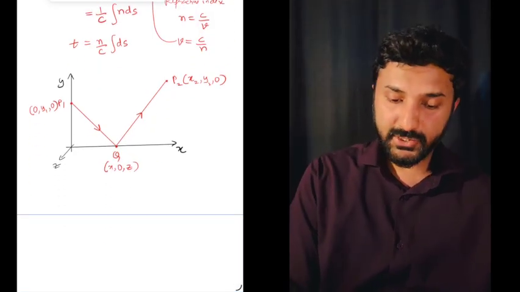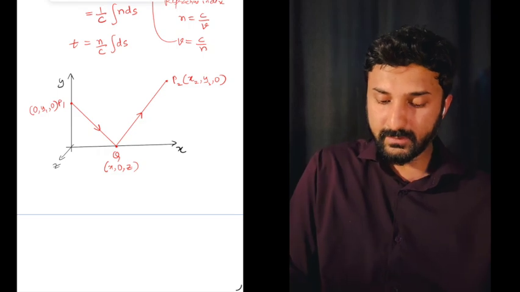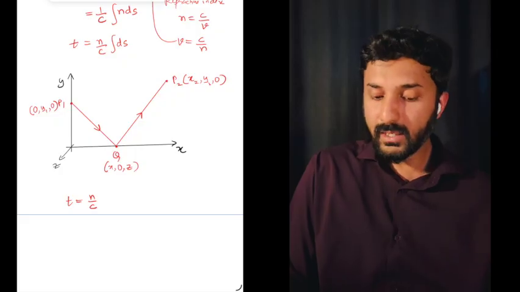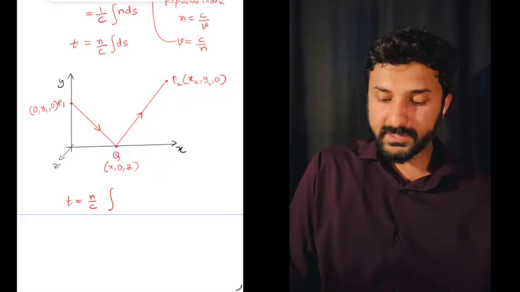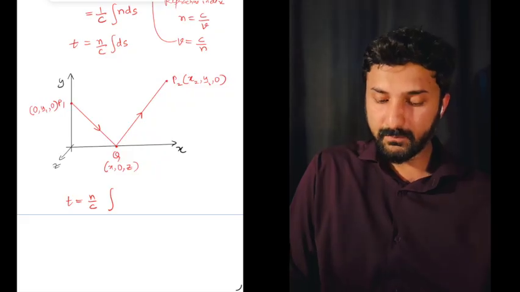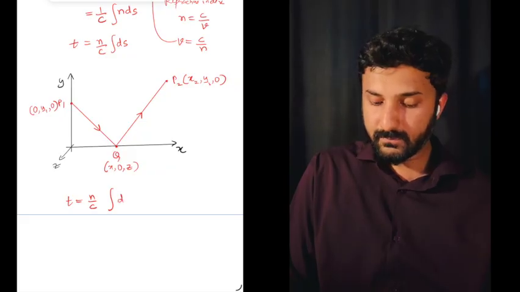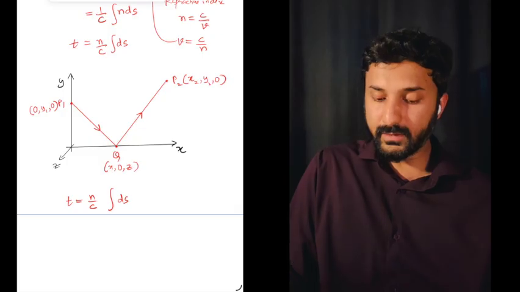So let us continue with the integral that we had written down earlier, integral n by c ds. Now let's break this integral down into two parts. First is the initial part where you have the incident ray going from P1 to Q, and I'm going to indicate that with the limits.